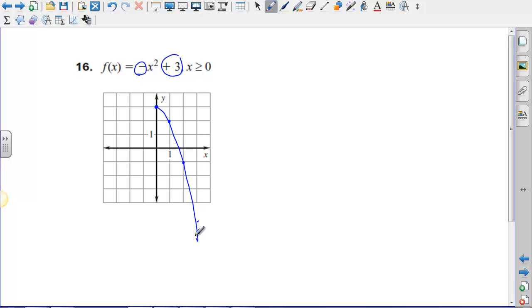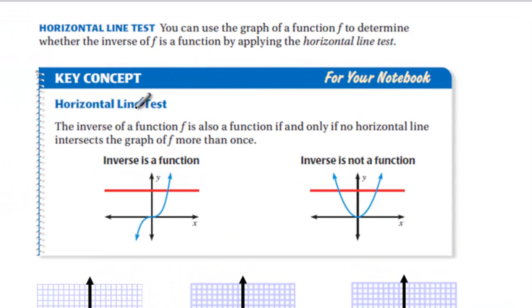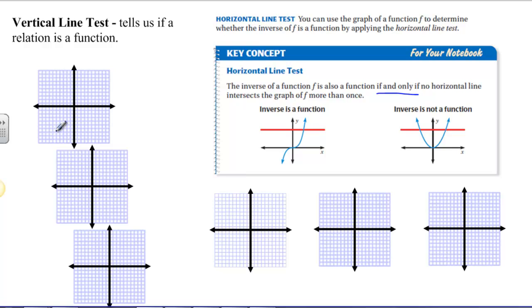Now, how can I tell if the inverse will be a function or not? Well, we can do the horizontal line test. The horizontal line test tells us that the inverse of a function is also a function if and only if no horizontal line intersects the graph more than once. So we have the vertical line test, and the vertical line test will say, okay, this right here is a function.